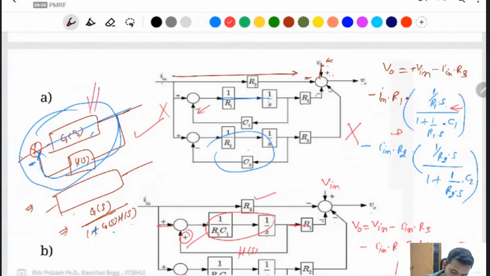Everyone knows about that. If you have a negative feedback system, what will be the final transfer function?